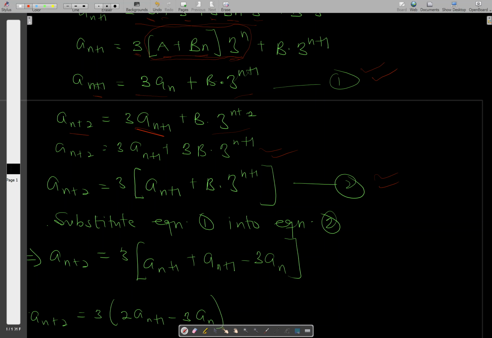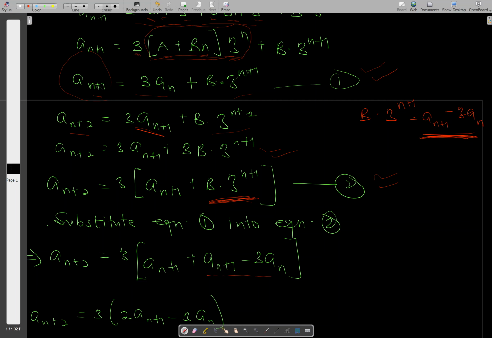Now, from equation 1, when we make b times 3 exponent n+1 the subject, we obtain a subscript n+1 minus 3a subscript n. So from equation 1, our b times 3 exponent n+1 is just like a_(n+1) minus 3a_n. We can now substitute this into our equation 2. When we do our substitution, we have this.